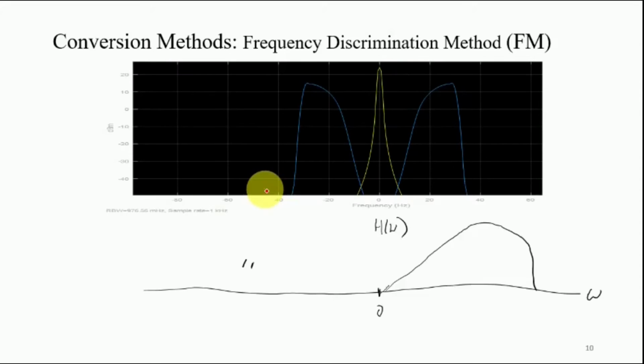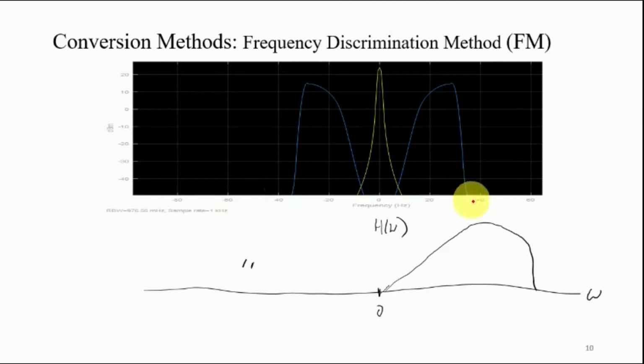So what we intend to do is generation, previously mentioned. This was the baseband signal and this was the frequency modulated signal. So we need to design a filter such that the transition band of the filter h of omega is linear in the bandwidth range of the frequency modulated signal.